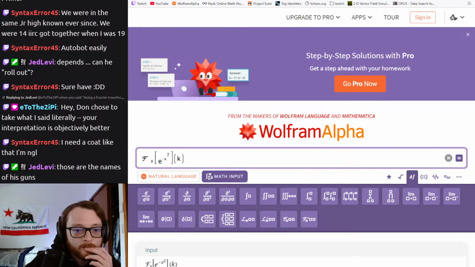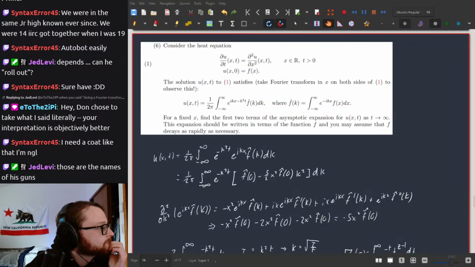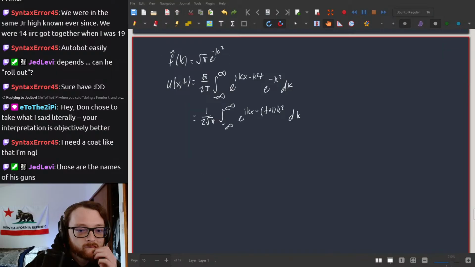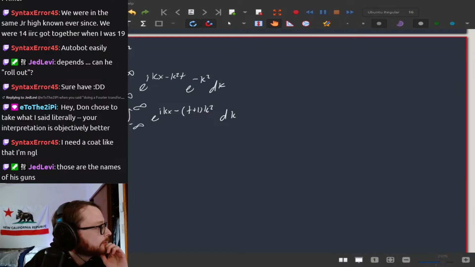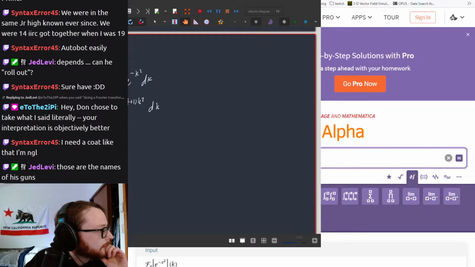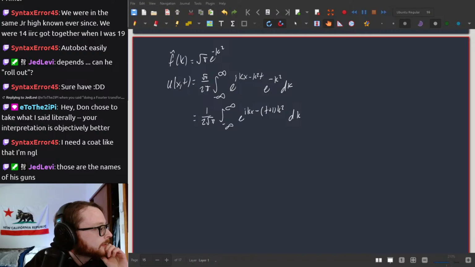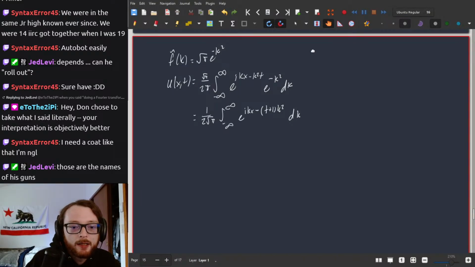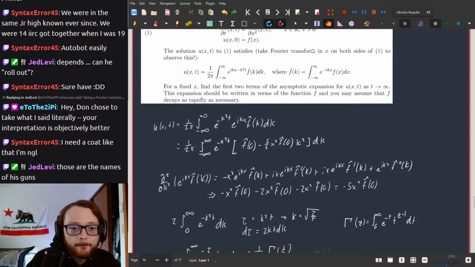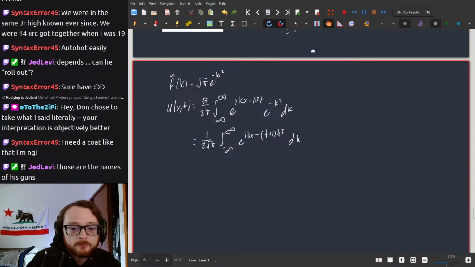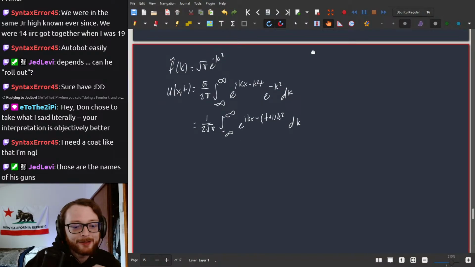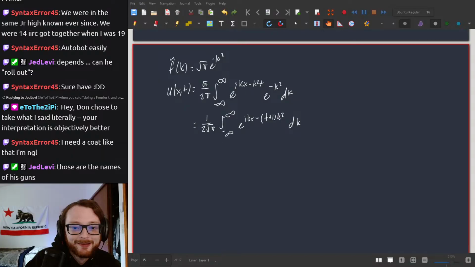Ugh. So I forgot, oh no, I made it stretchy. Okay. I just need to learn how to do this integral again. I used to know how.